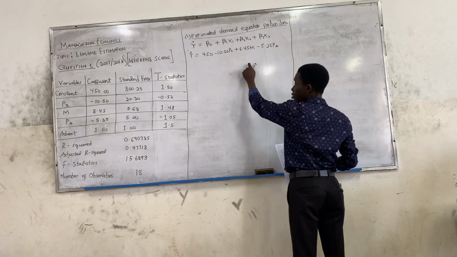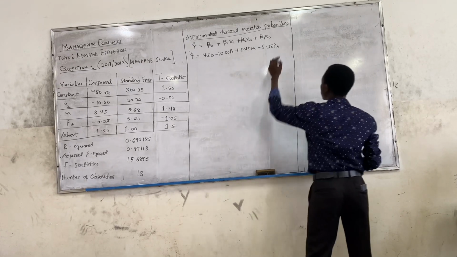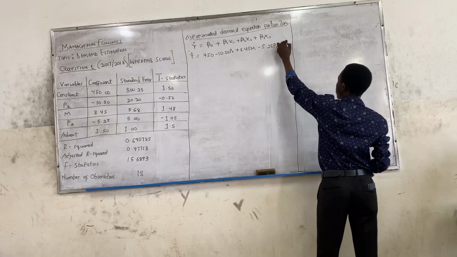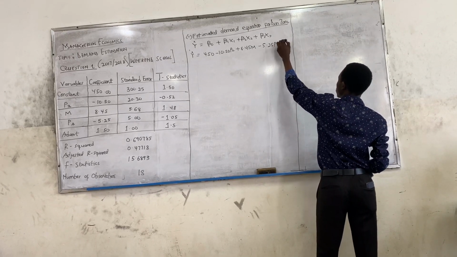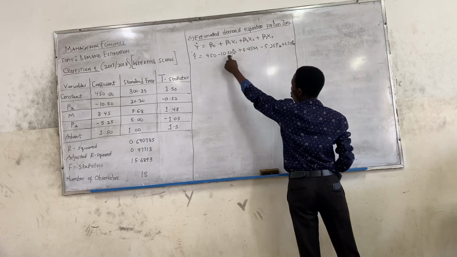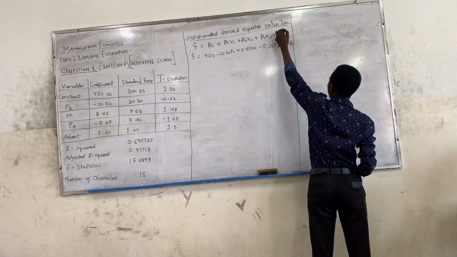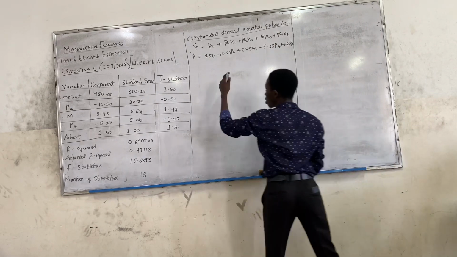Plus we have advert, so plus 1.50 advert. So we are done with the I.